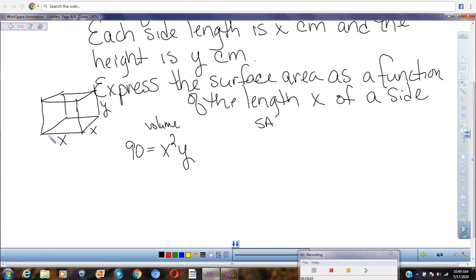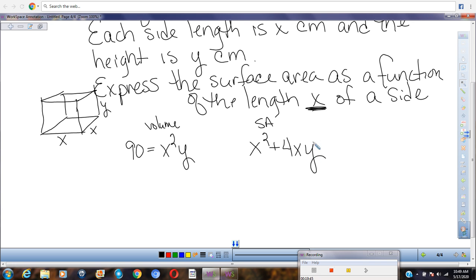So the bottom is x times x, or x squared. Then the sides are each x by y, or xy. Now, how many sides are there? There are 4 xy sides.